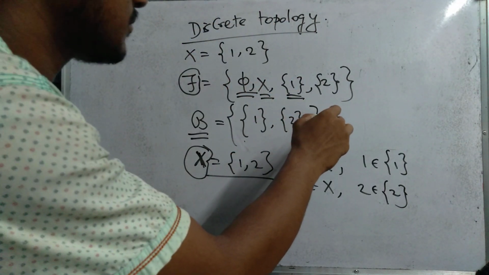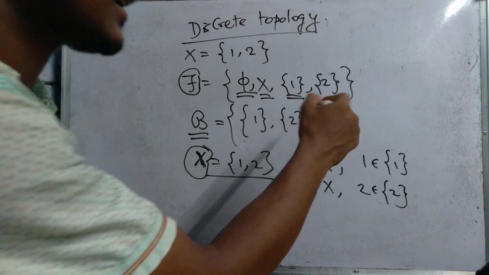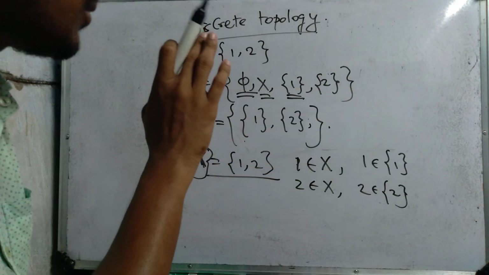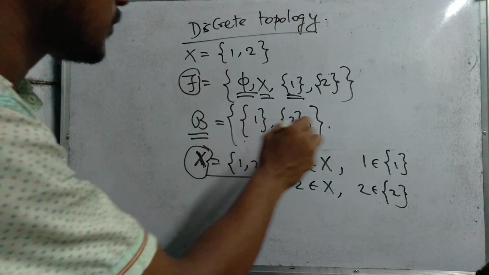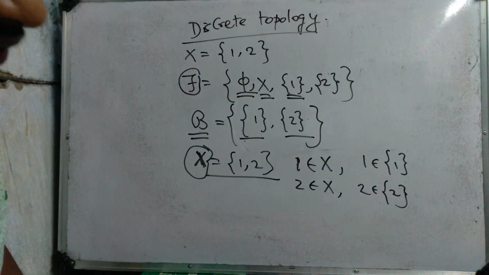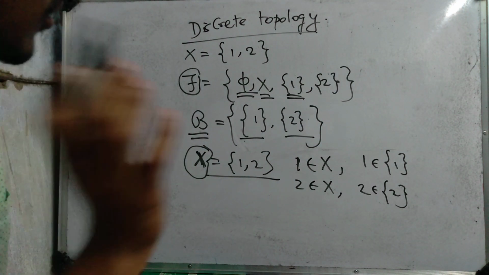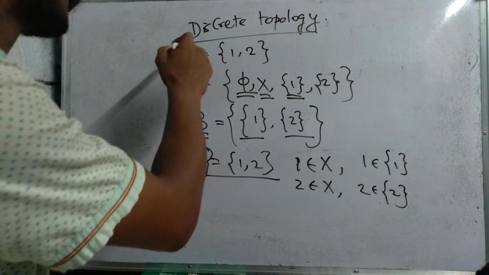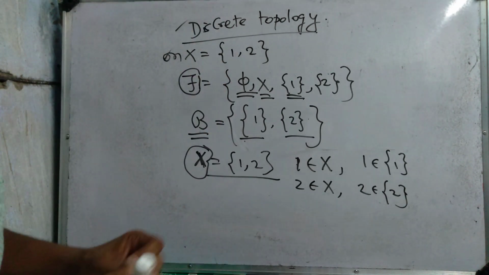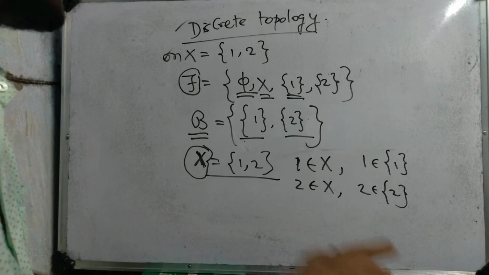But here if we take phi and x, not a problem at all. This one also satisfies this basis. But if we take the smallest basis, then we just want all one-point subsets of x to form a basis for this discrete topology on x equal to 1, 2, just a two-element set.